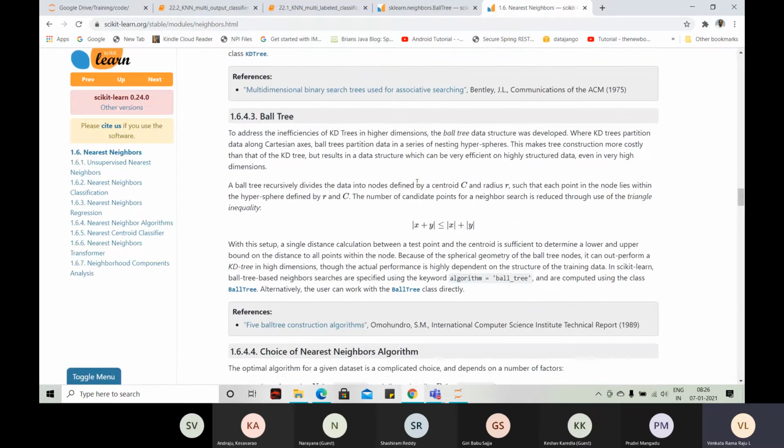Yeah, here it is. I got it from here only. Okay. The ball tree data structure was developed as an improvement over the KD tree.